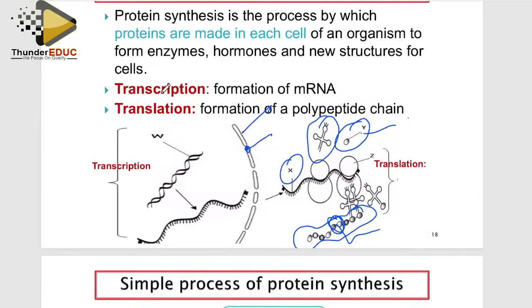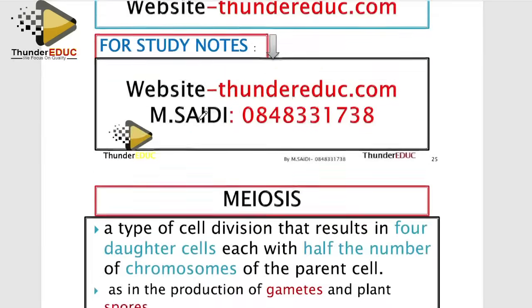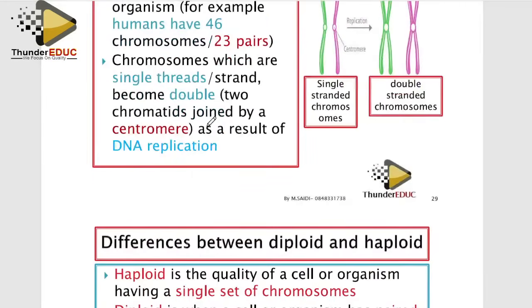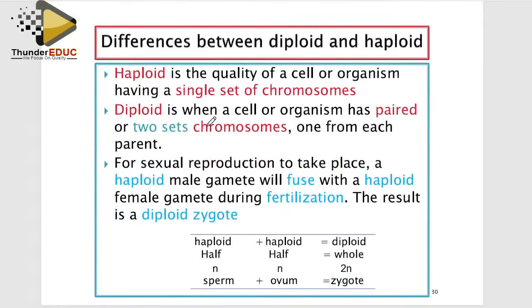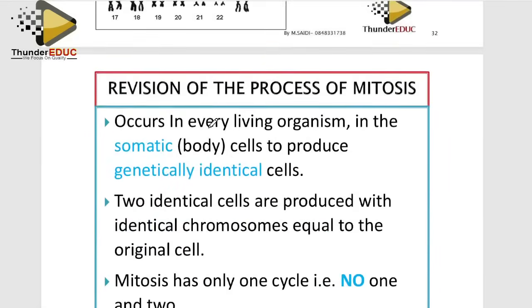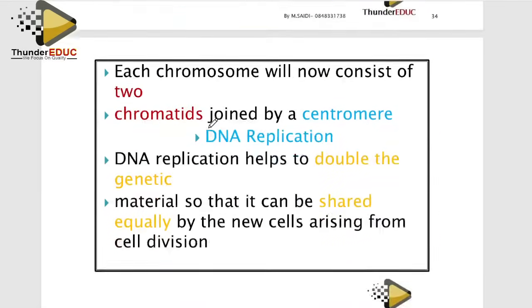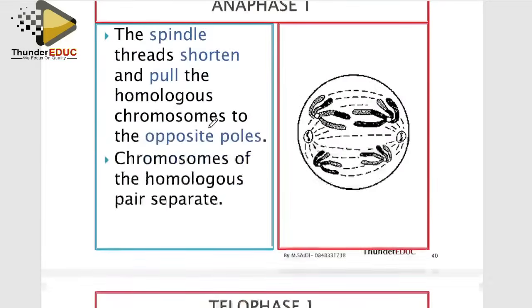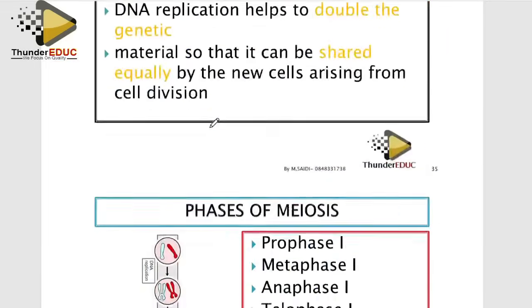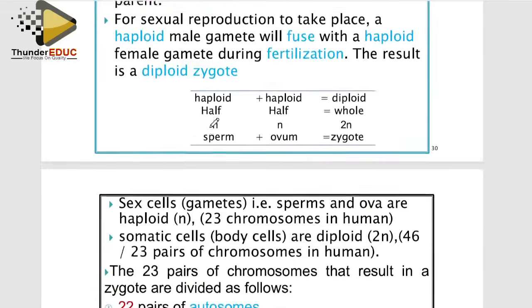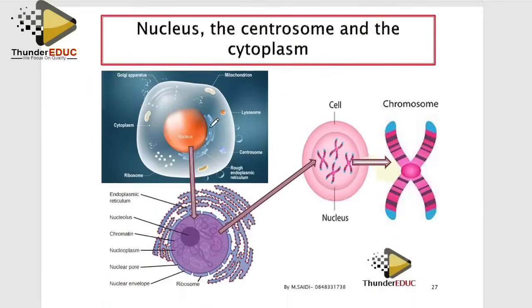Oh, someone said, show me the answers. It results in the formation of haploid gametes. That's number one. Number two, meiosis. Wait, I've gone so far.